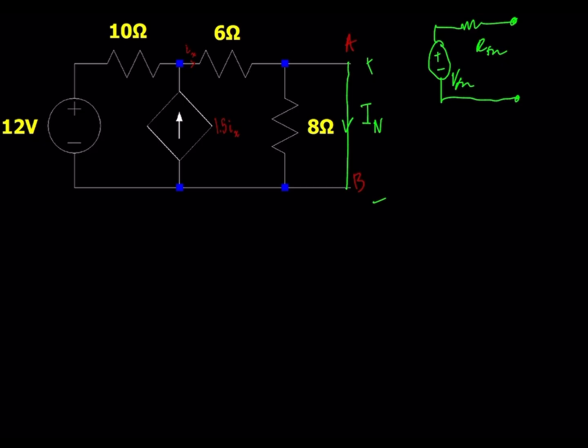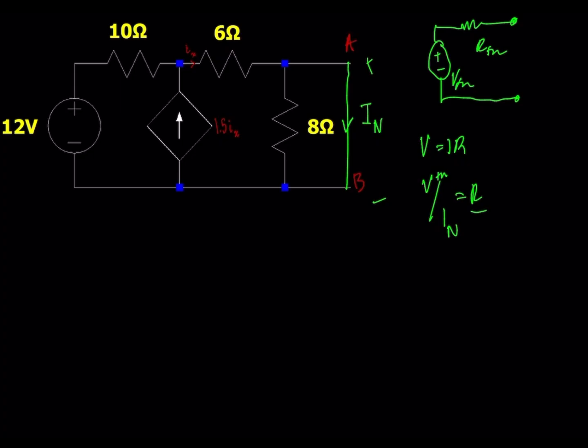So you short those terminals, do normal circuit analysis and figure out what that current value is. Because you have the voltage across those terminals, you can use Ohm's law, V equals IR, and to find that resistance, you just divide your voltage by your short circuit current. So we have our Thevenin voltage; if we find the current that results from shorting those terminals, we get our resistance value.